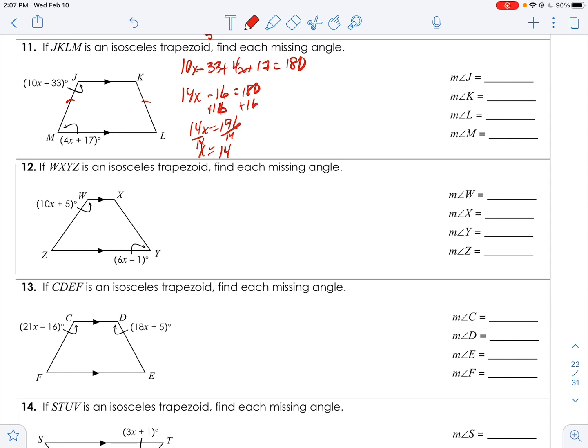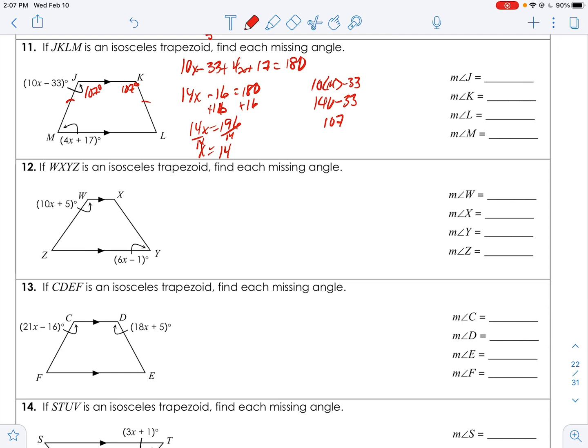So, I'm going to do the 10, right? Because 10 times 14 minus 33, 140 minus 33. Minus 30 is 110, minus 3 is 107. So this one's 107, so is this one.